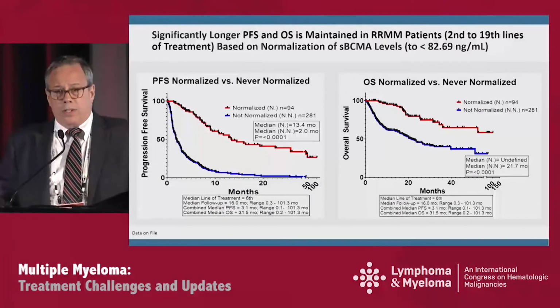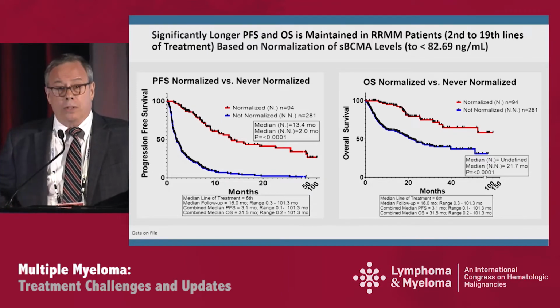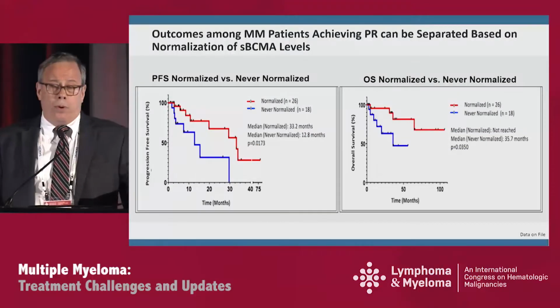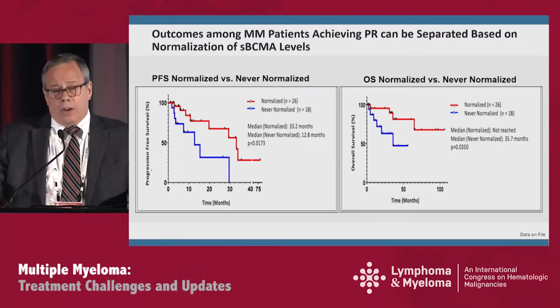We also looked at salvage patients themselves, and again, in these salvage patients representing about 370 different treatments, dramatic differences in PFS on the left and overall survival on the right. We also see that in frontline as well. Also importantly, we can tease out differences among patients in different categories of response.